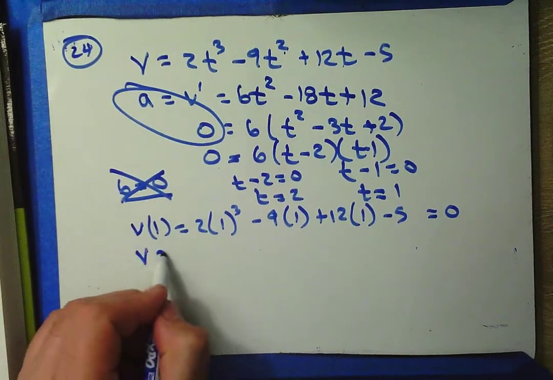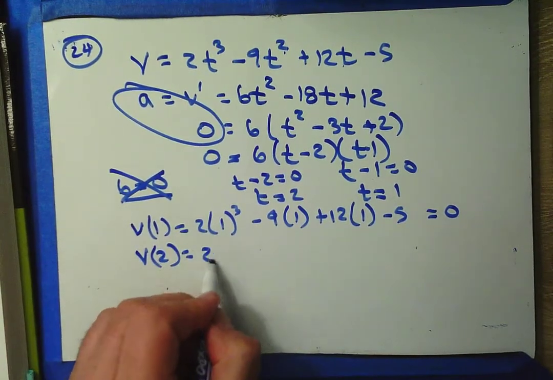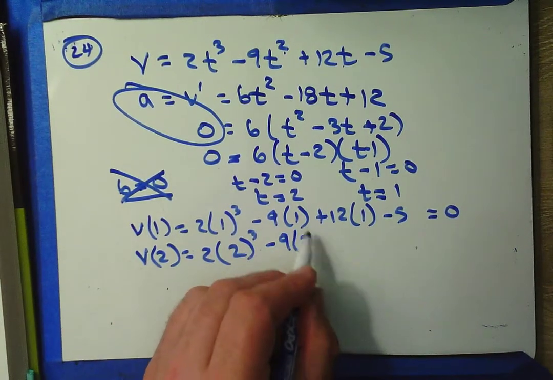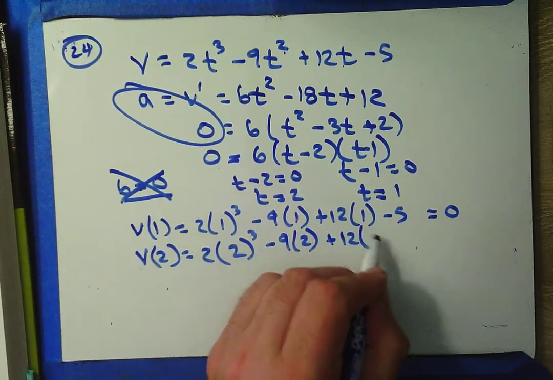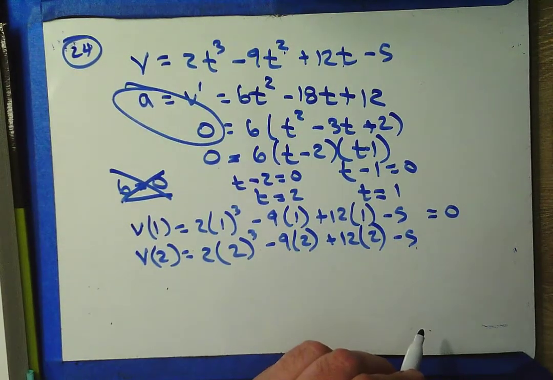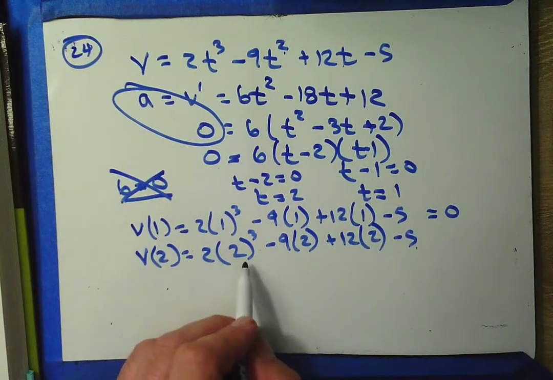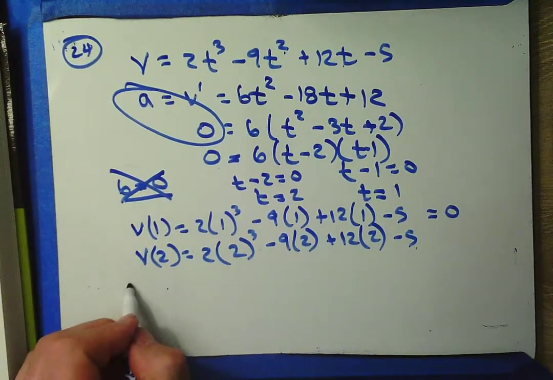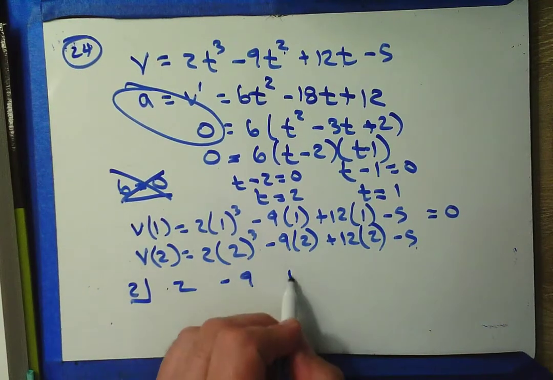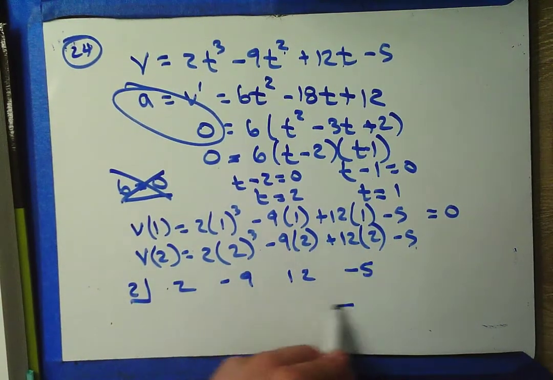And v of 2, well, that's going to be 2 times 2 to the third minus 9 times 2 squared plus 12 times 2 minus 5. And I'm really feeling a little lazy today, so I'm not actually going to evaluate this way. I'm going to use synthetic substitution. 2, then 2, negative 9, 12, negative 5.